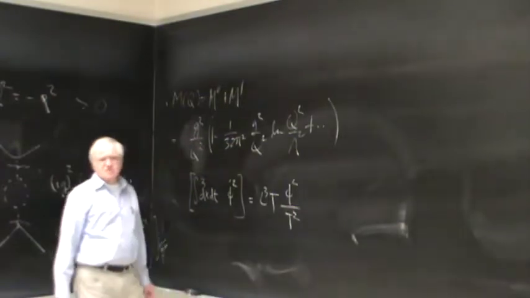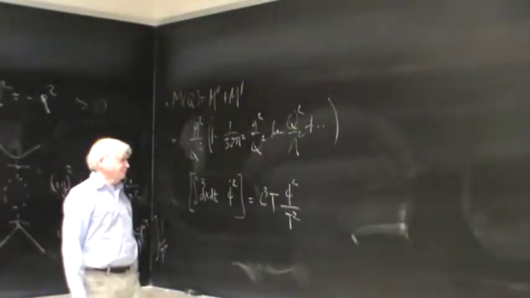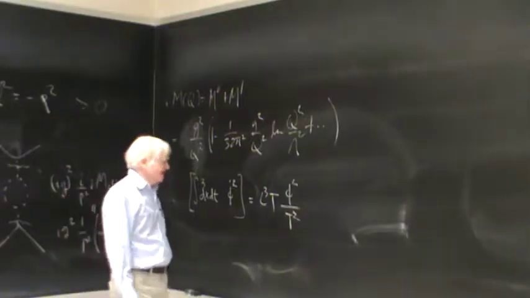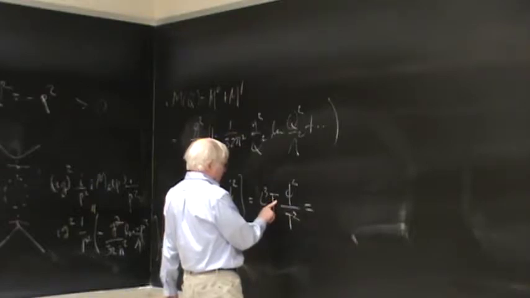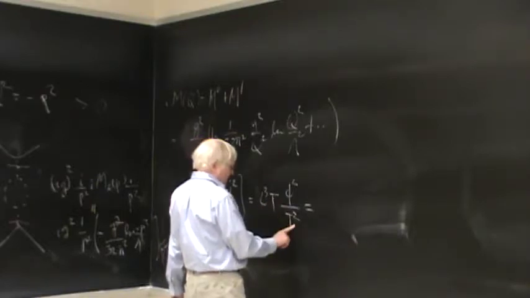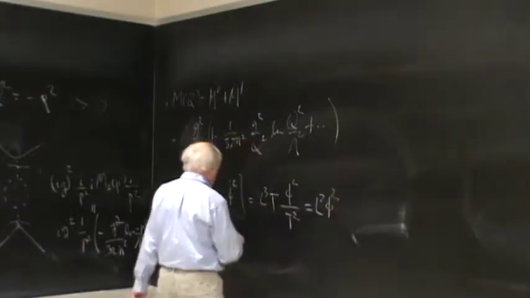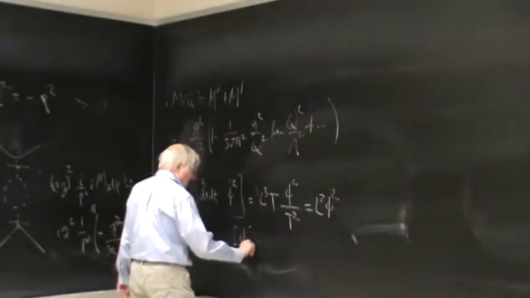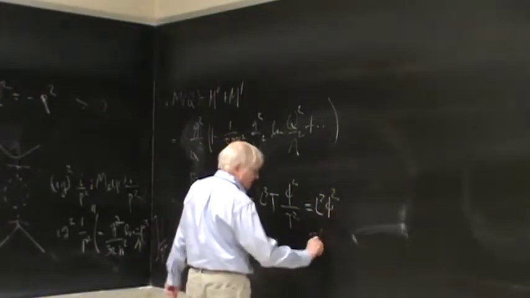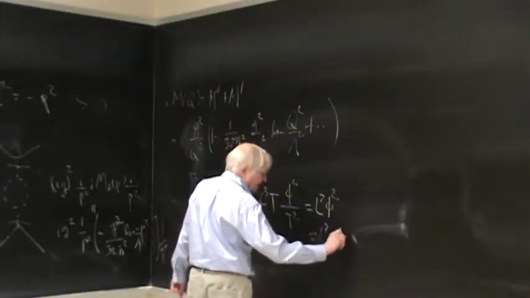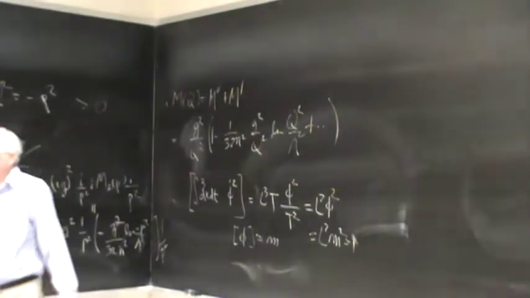And of course, I'm talking in terms of natural units, and so L and T are the same. And so this is actually basically L to the 4th over L squared. So this is L squared phi squared. This means that the dimension of phi should be mass, because then we would have L squared m squared, and that's 1, because the dimension of mass is 1 over the dimension of length.